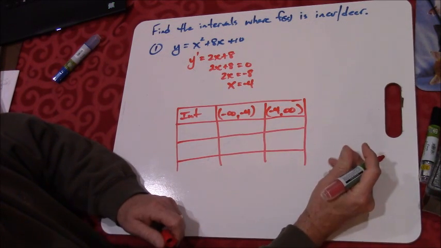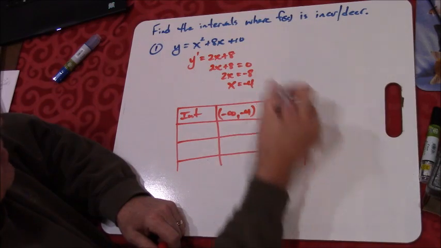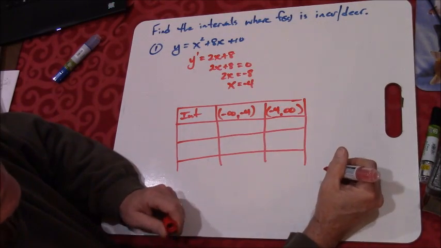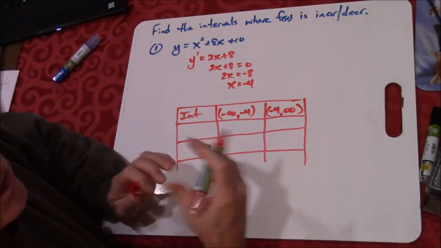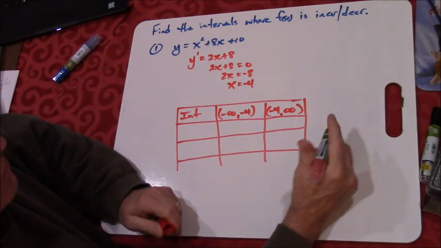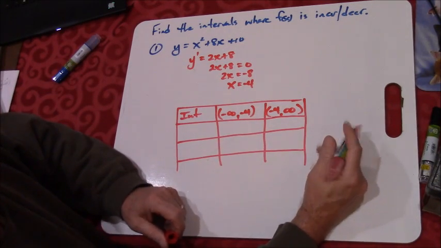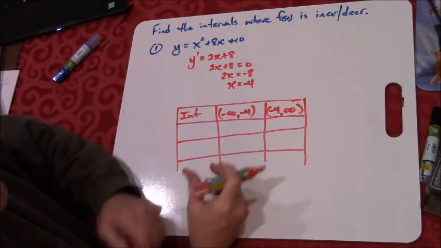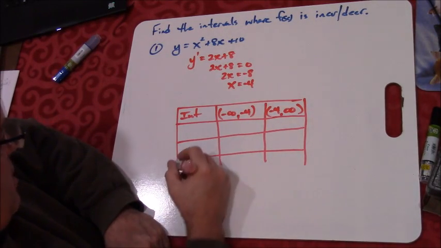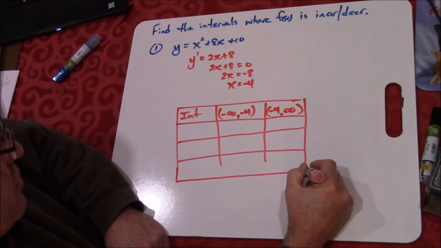Do you guys remember doing that? We set the thing equal to 0 and factored it, and then we'd call those our critical numbers. And then in each interval we'd make a test number and check it to see if it was greater than 0. Remember that guy? That's very closely related to this. Okay. All right.